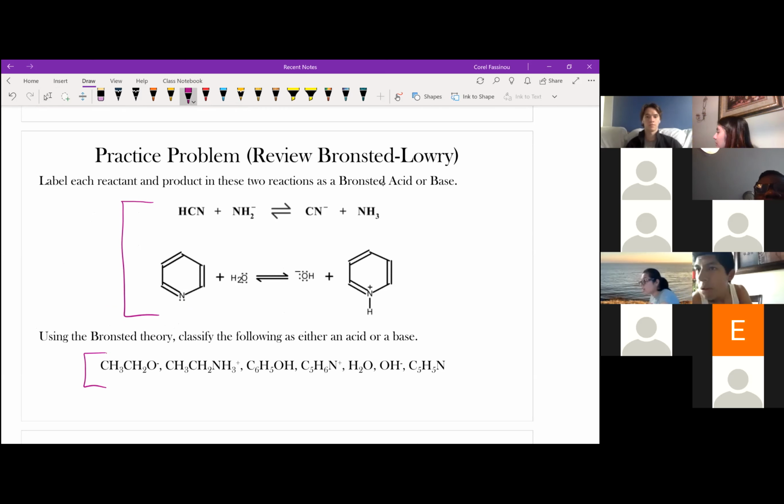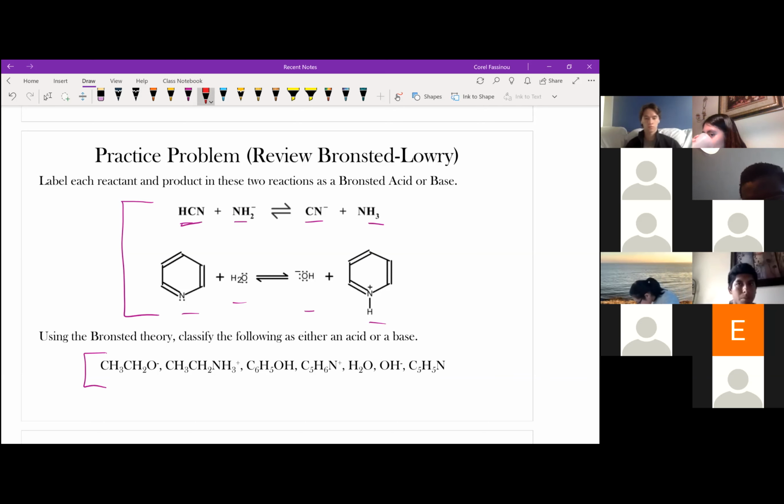Can someone tell me, in these reactions, which ones are going to be your Bronsted acid and what's going to be your base? Starting with HCN, is that going to be your acid or your base? Acid. Yeah. And then NH2 minus?